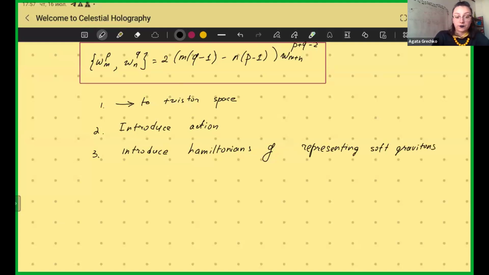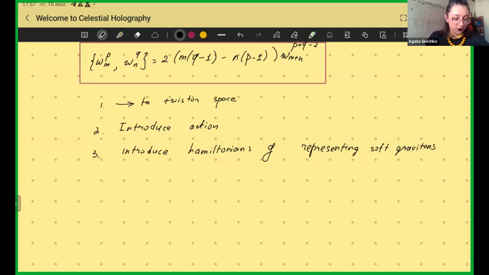So again, we will not perform all of this construction in our lecture, right? It's this construction from the Adamo article.